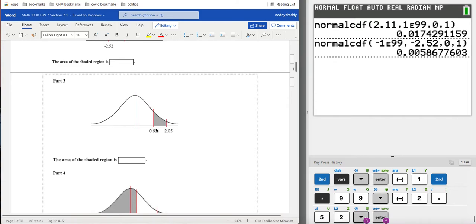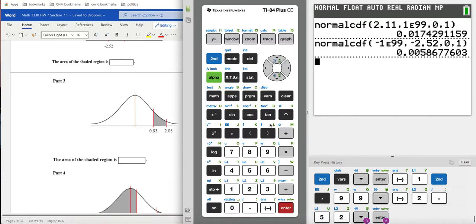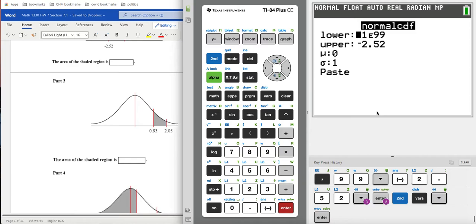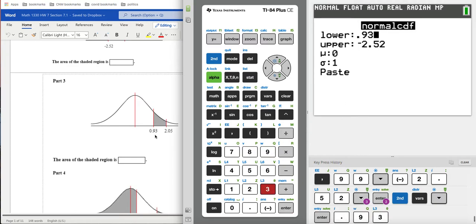Part 3 is area between. These are the nicest ones because you don't have to worry about the positive or negative infinity part. Second VARS, normal CDF. Your lower is your lower, 0.93.